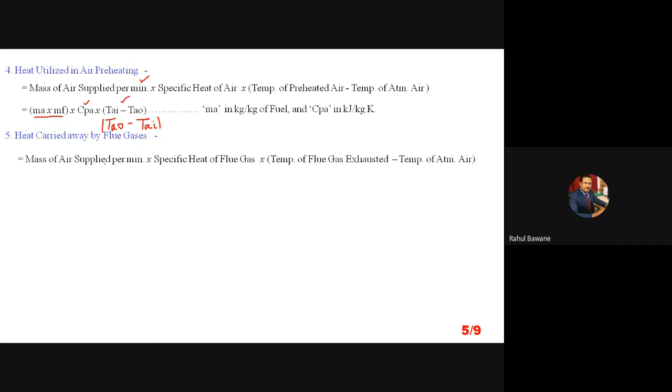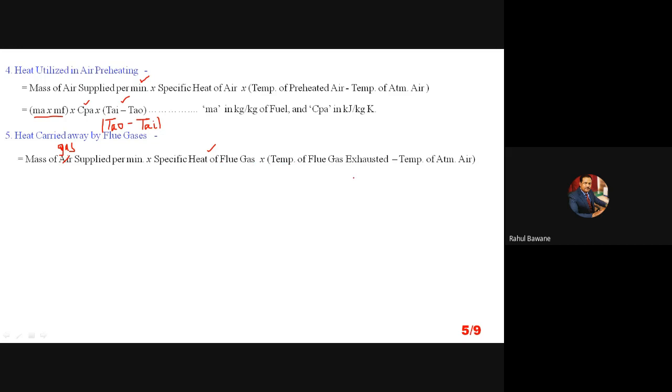So mass of air supplied per minute multiplied by specific heat of flue gases. Even though we can say mass of air supplied, many times we say mass of exhaust gases. So mass of exhaust gas supplied per minute multiplied by specific heat of flue gases multiplied by temperature change.